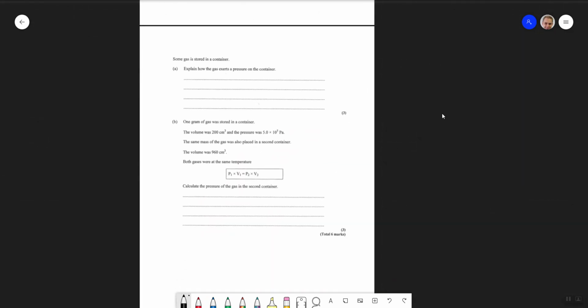Explain how gas exerts a pressure on a container. Some gas is stored in a container. So key points here. We will have things like rapid, random motion of particles. They will collide with the container.